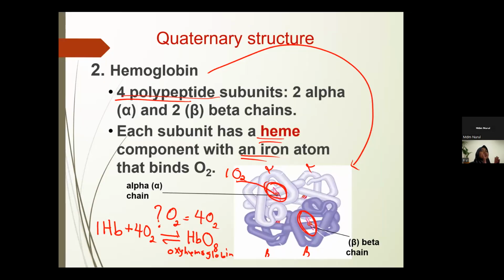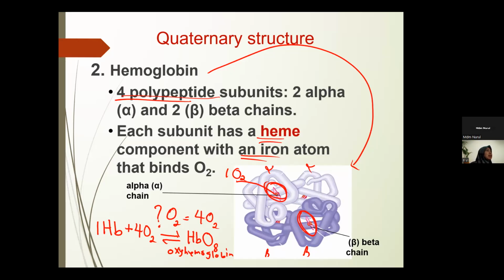Okay, so before the 5 minutes break, just now we have discussed the 4-level structures of protein. Primary structure, it is linear or straight. Secondary structure, it can be either coiled or folded into beta-pleated shape, right?